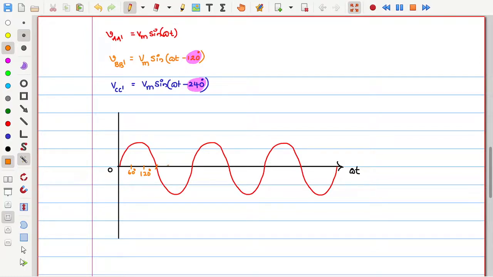Then 240, 300, 360. We are adding 60, 60, so I am dividing this time axis into 60 degree positions. The entire 360 is divided like this.